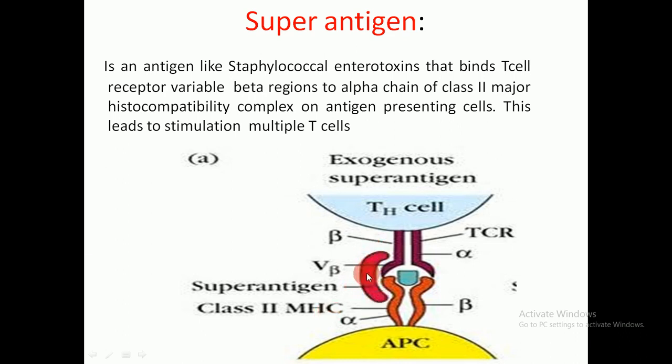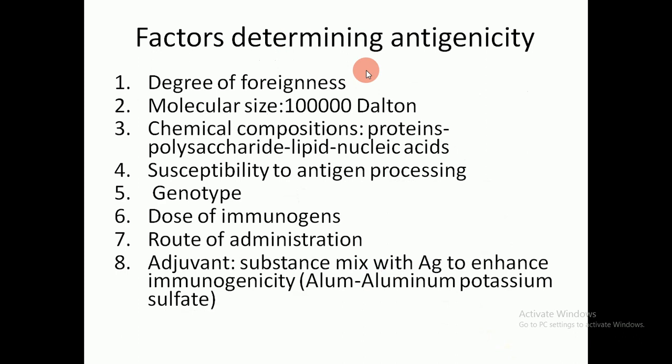So this superantigen stimulates a large number of T cells with no benefit, because the T cell does not perform its main function. The best example is staphylococcal enterotoxin, a toxin secreted by bacteria that leads to gastroenteritis.